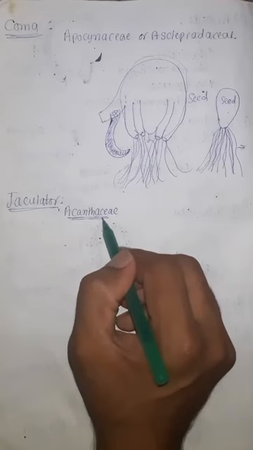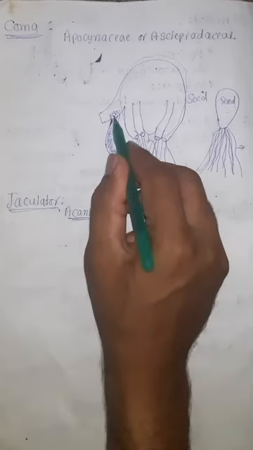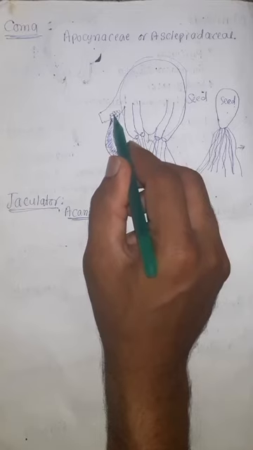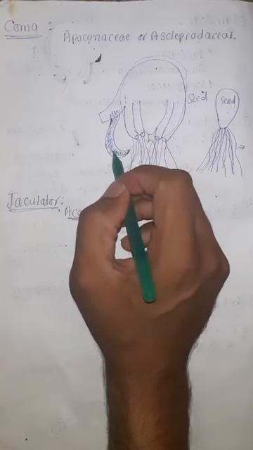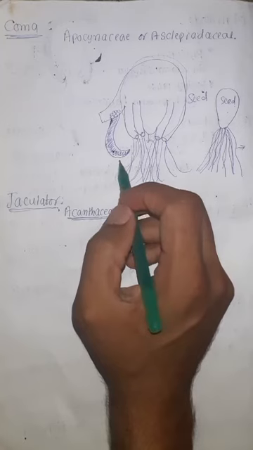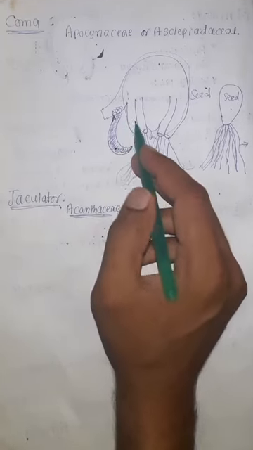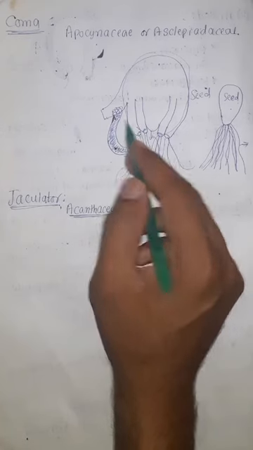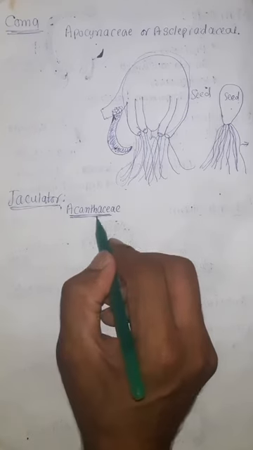In the ovules of Acanthaceae, some cells from the funicule differentiate into a stiff hook-like outgrowth known as jaculator. It aids in the expulsion of the seeds from the fruit, that is, in fruit dehiscence. You can see these jaculator structures in the seeds of Acanthaceae.